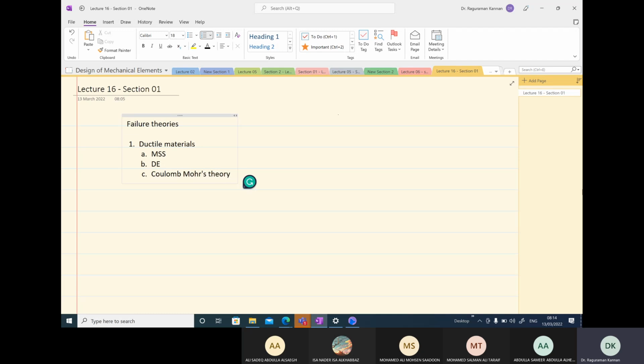Now, besides this, we also had failure theories for brittle materials. Again, we had only one failure theory, the Coulomb-Mohr theory. Now, as a third one, we are going to go through linear elastic fracture mechanics.